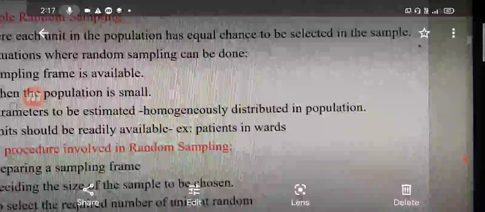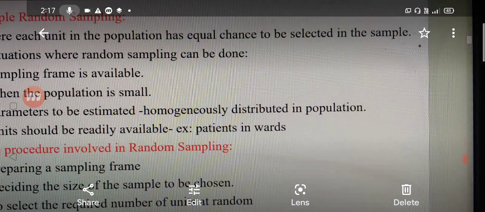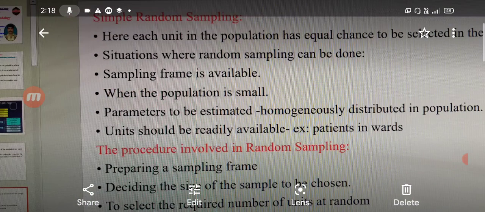Based on that criterion, each and everyone has a chance. Here you have to listen carefully. Each and every individual has a chance to become a member of the sample, in situations where random sampling can be done and a sampling frame is available.